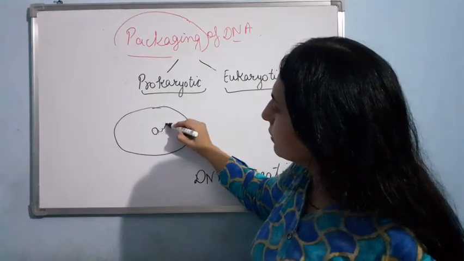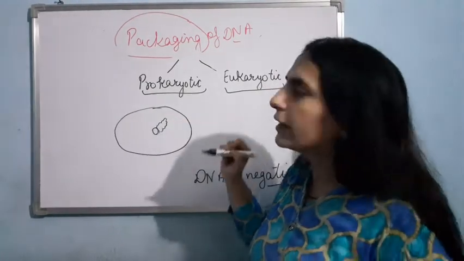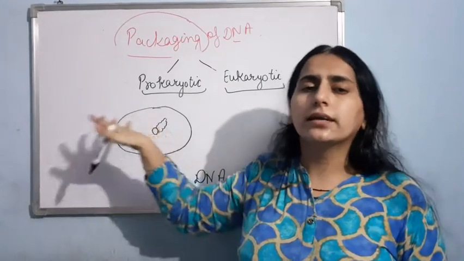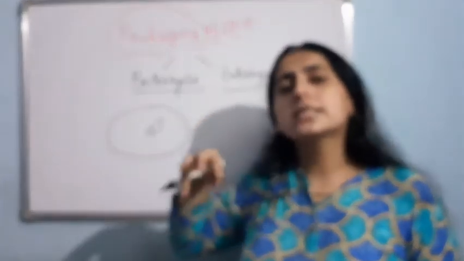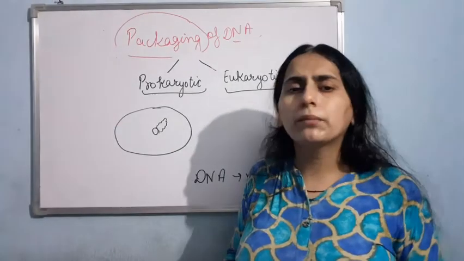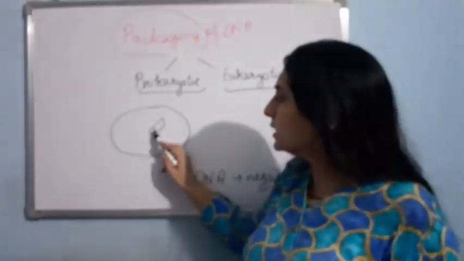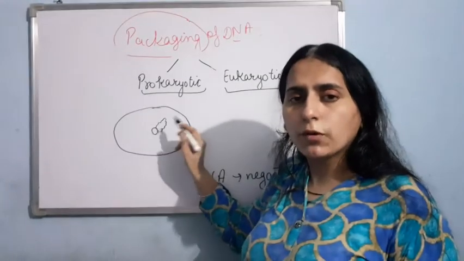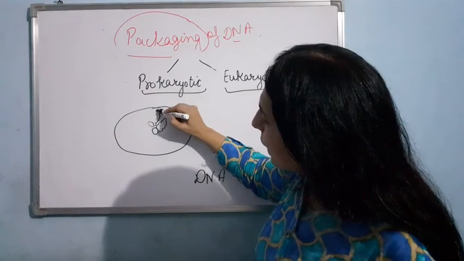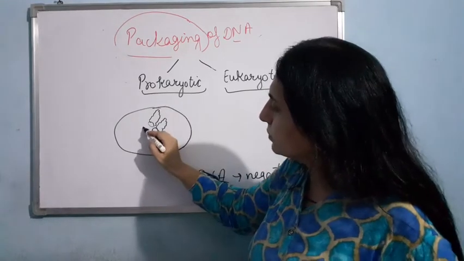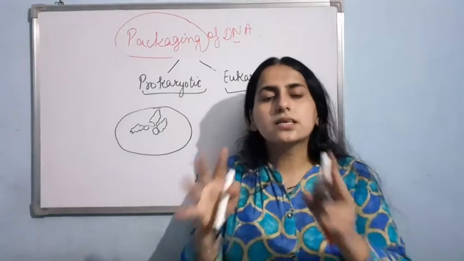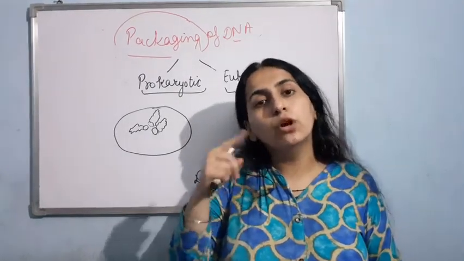It means the DNA is not scattered in the cytoplasm. It is confined at a particular place. No doubt the nuclear membrane is not there, but these positively charged proteins bind with the DNA. Am I clear? And this results in the formation of loops.